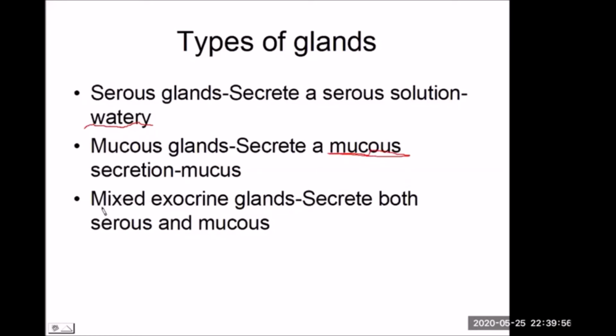And a mixed exocrine gland is truly one gland that produces the combination of both serous secretions from some cells, mucus secretions from other cells, and of course, it mixes, and that's what's known as a mixed exocrine gland. Our salivary glands, the production of saliva, is a great example of a mixed exocrine gland.